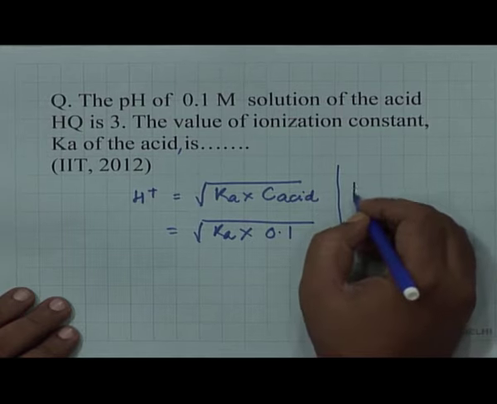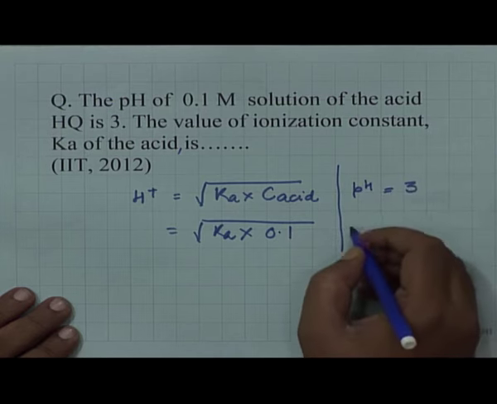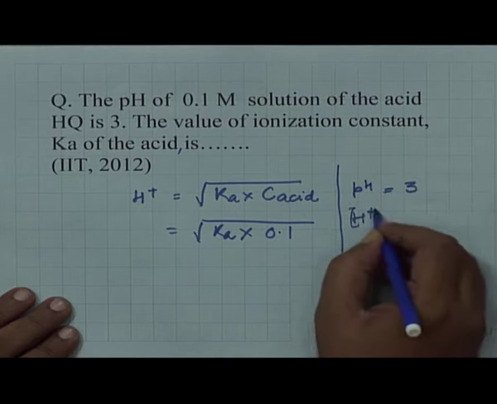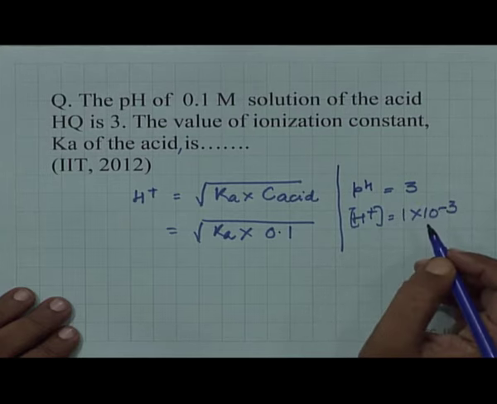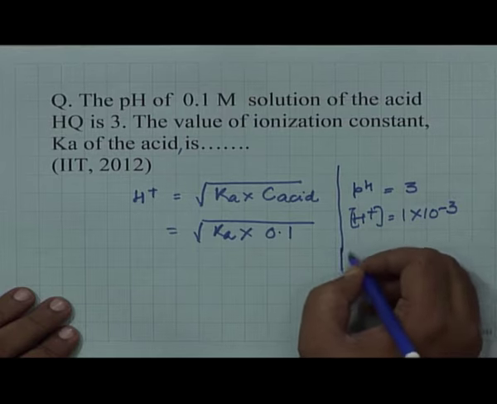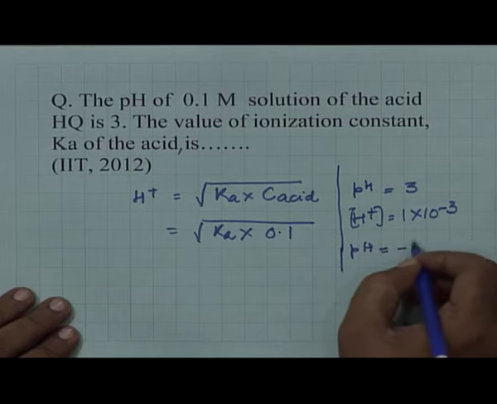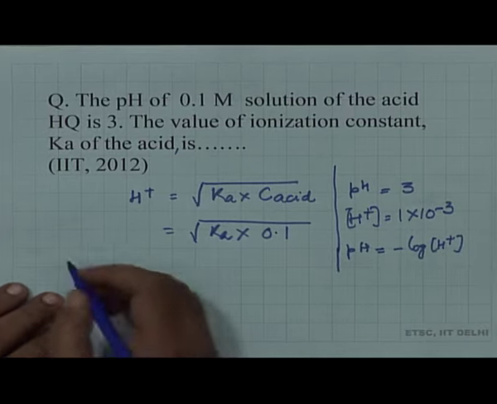What is given? pH is given, and that is 3. So, H plus ion concentration will be 1 into 10 to the power minus 3, since pH is equal to minus log of H plus ion concentration.